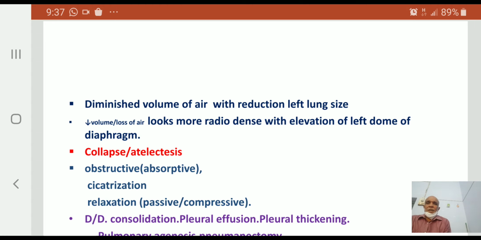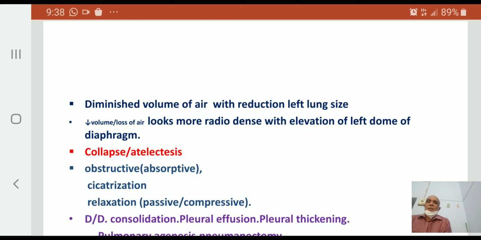In cicatrization, in the case of fibrosis, lung volume is decreased and the hilum, trachea, and dome of the diaphragm shift to the same side.